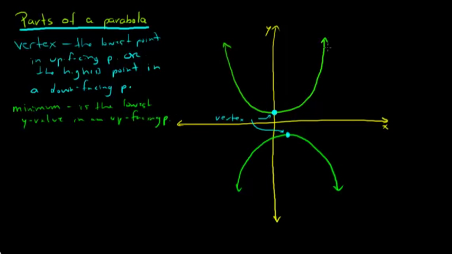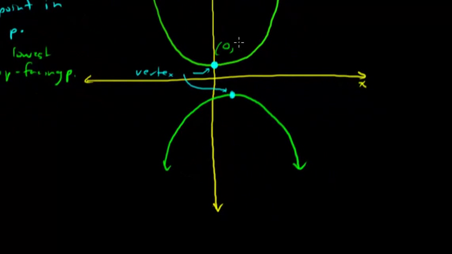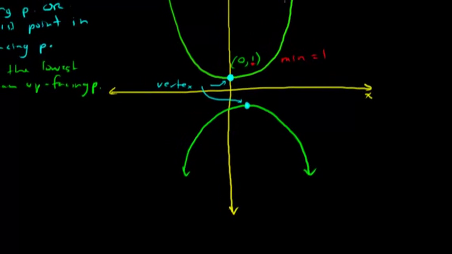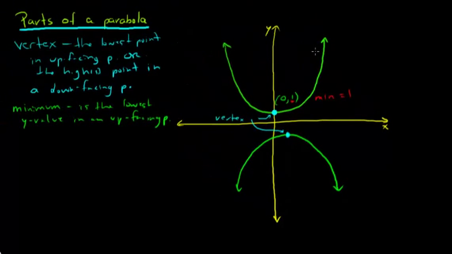So since this one faces upward, its minimum is the lowest y value. So let's say that this particular point here is (0, 1). The minimum will be 1. So minimum equals 1.